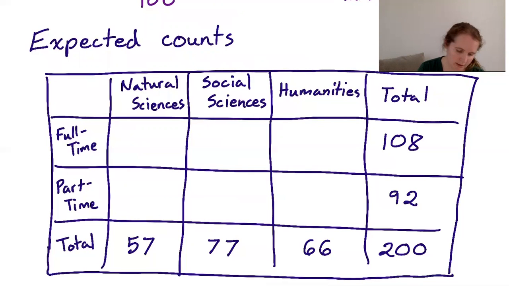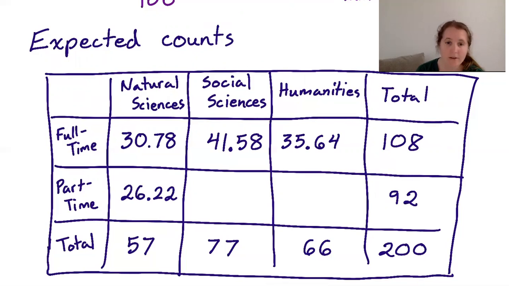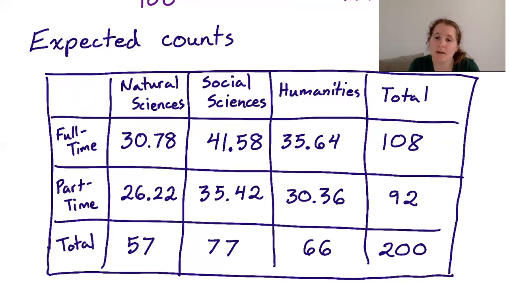So we had 30.78 full-time and natural sciences expected. We had 41.58 for the social sciences and full-time, and 35.64 for full-time and humanities. Then we had 26.22 for part-time and natural sciences, 35.42 for part-time and social sciences, and 30.36 for part-time and humanities.